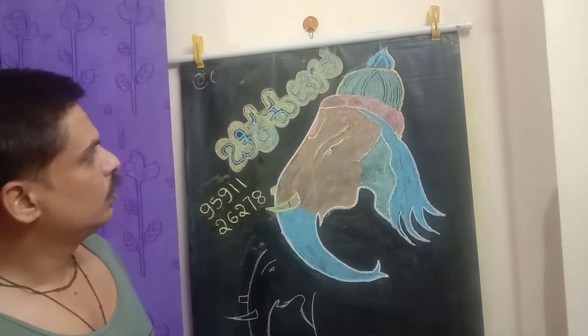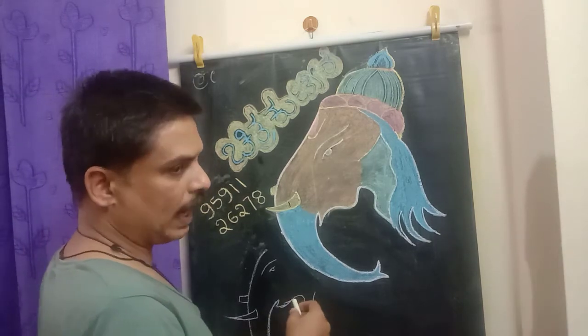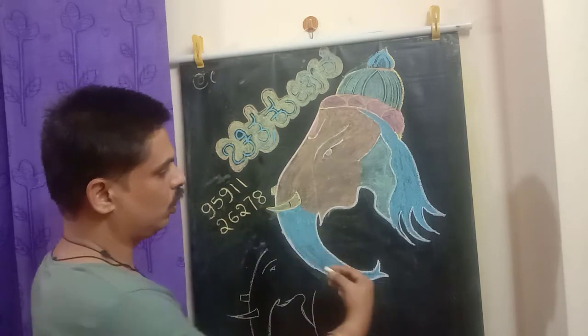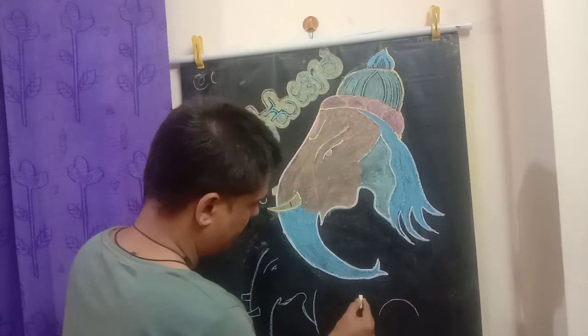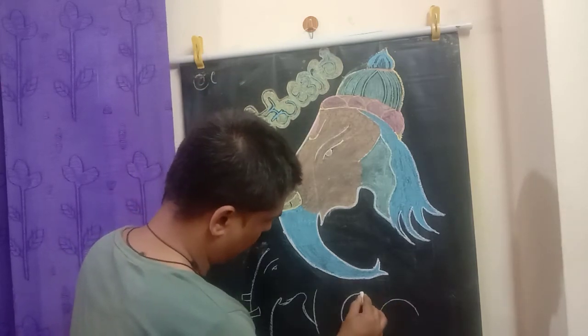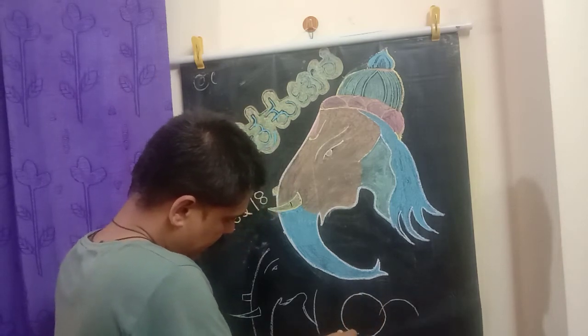So start practicing the curve lines with your wrist movement. Your wrist has to move freely. When your wrist moves, everything can be done.